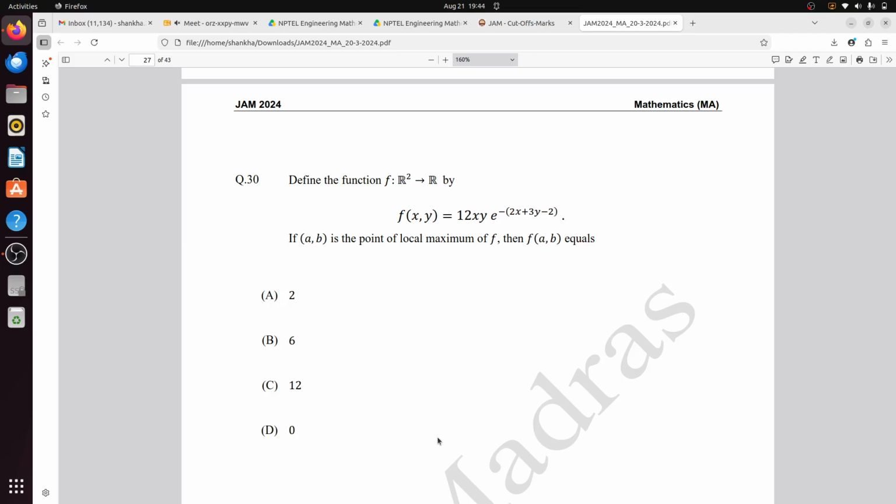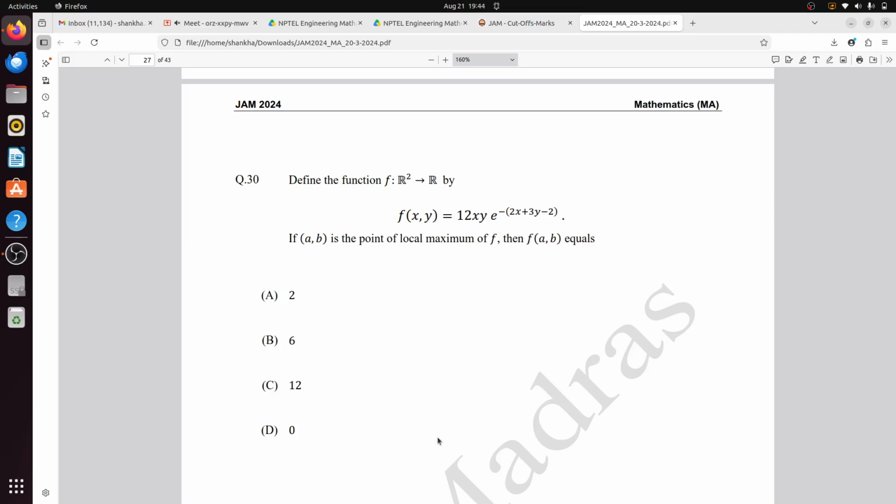So the critical point is 1 by 4 comma 1 by 6.